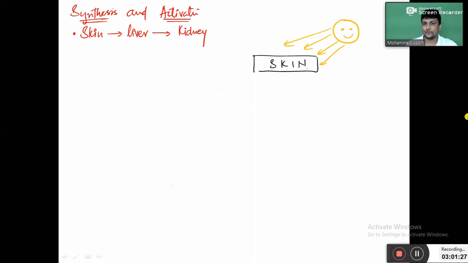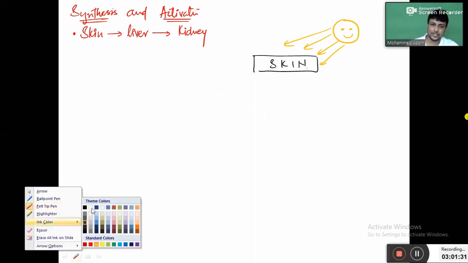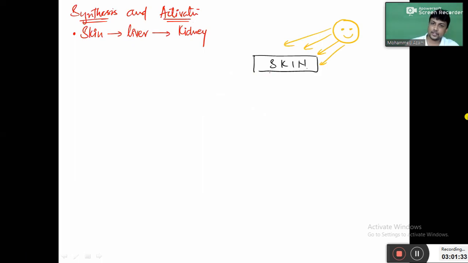When the sun rays fall on the skin, what is going to happen? In the skin you have a substance known as 7-dehydrocholesterol, and that 7-dehydrocholesterol will now get converted to cholecalciferol.